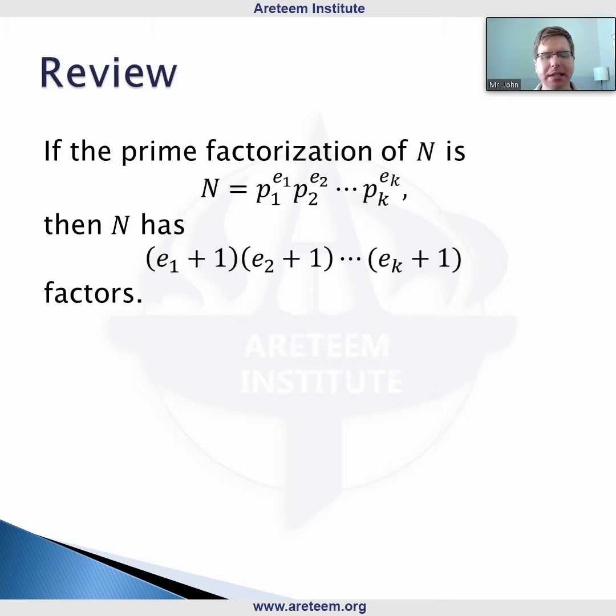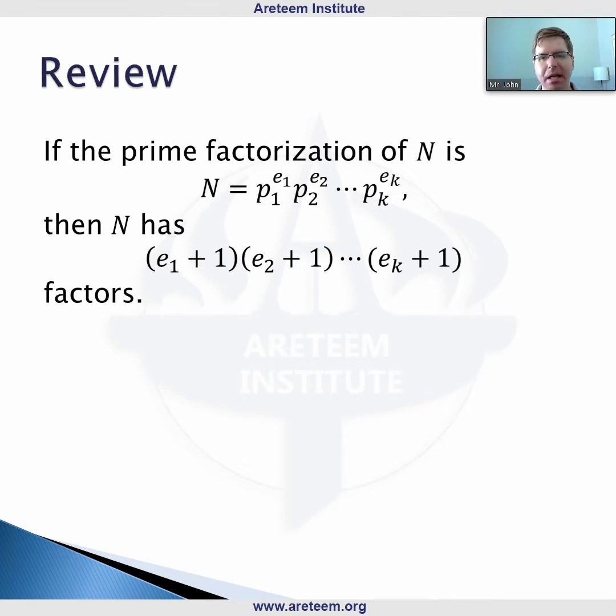Now this review isn't super important for today, but I just want to get us in the mindset of a counting question. So we've seen this before. If you're given the prime factorization of a number, you can do a lot of things, including counting the number of factors of that number.